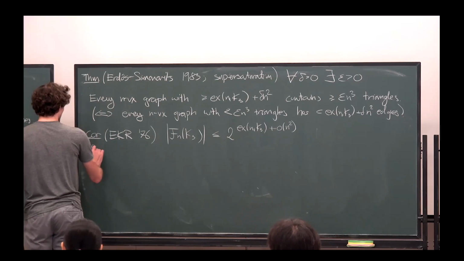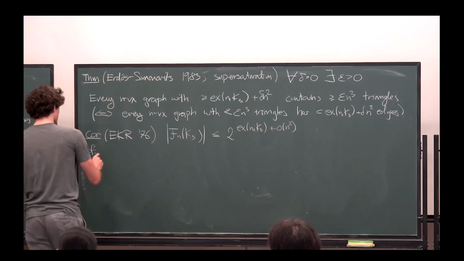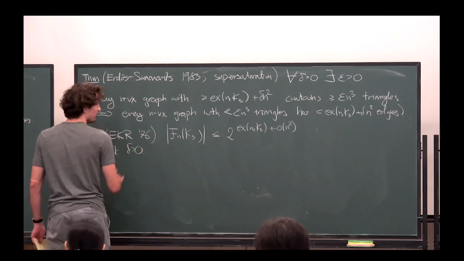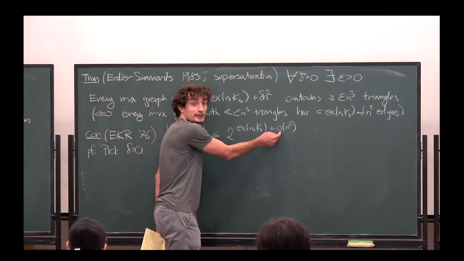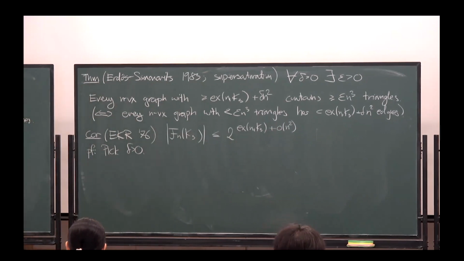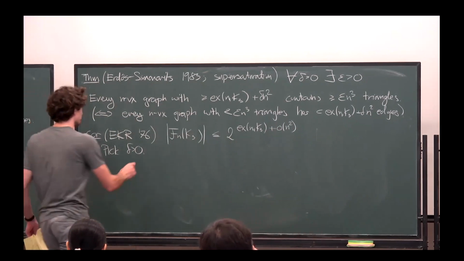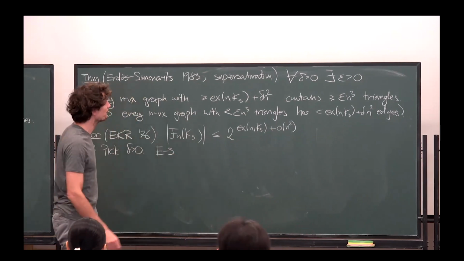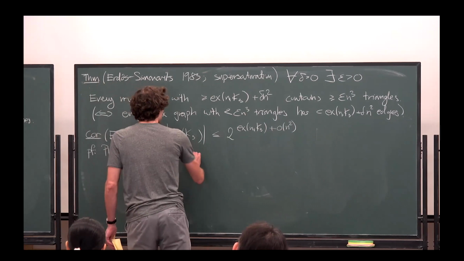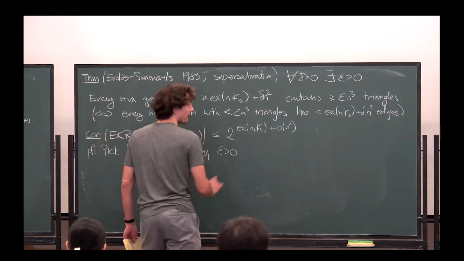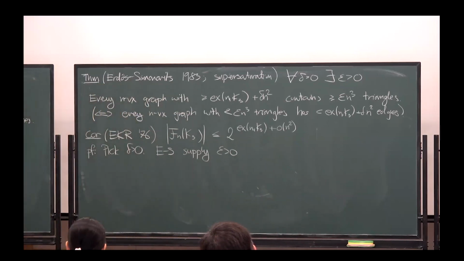And here's how the proof goes. We will pick any positive delta. This will be the little o. So we'll prove it for every delta. And what Erdős and Simonovits give us is they supply a positive epsilon.